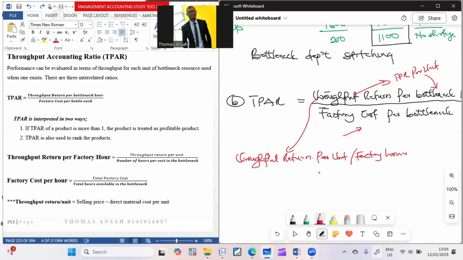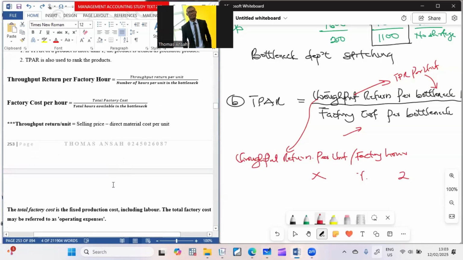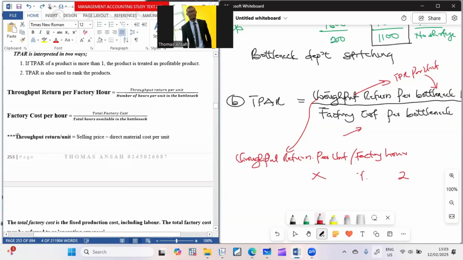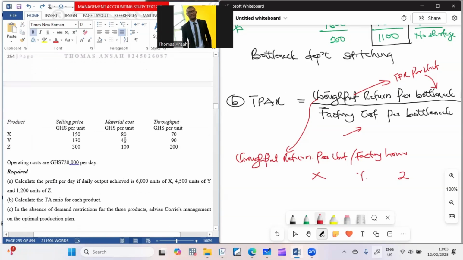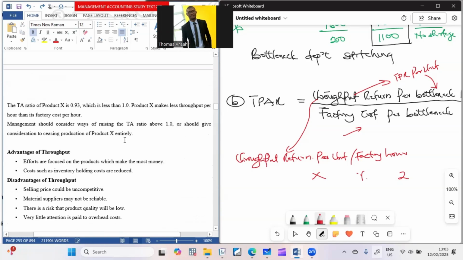We're going to set it up via product X, Y, Z. All right, let's go back to our question. And you see this formula, that is what we're going to use. So now let's go to the question and actually apply it.